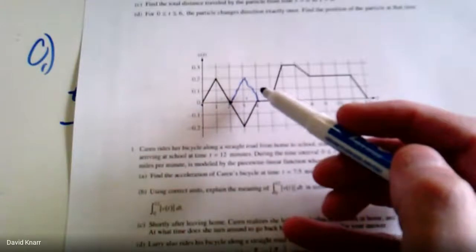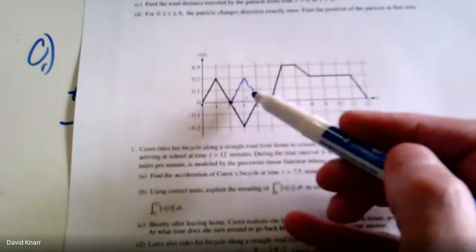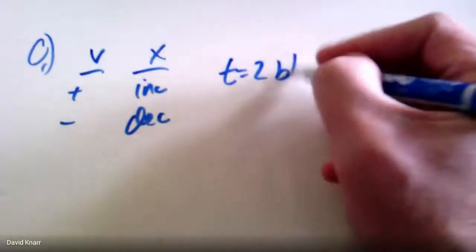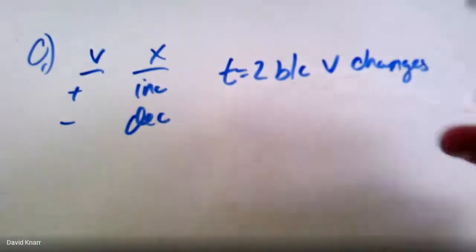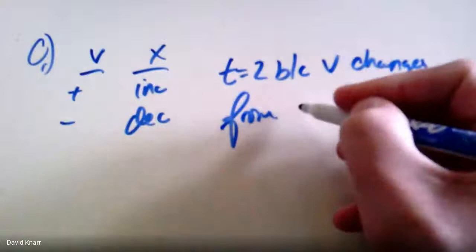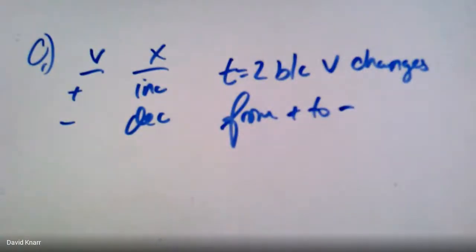But then at t equals 2, it changes and goes to negative. So that must mean she's going back to her house, because the position is now decreasing. So it happens at t equals 2, because V changes from positive to negative. There's your answer. That's it.